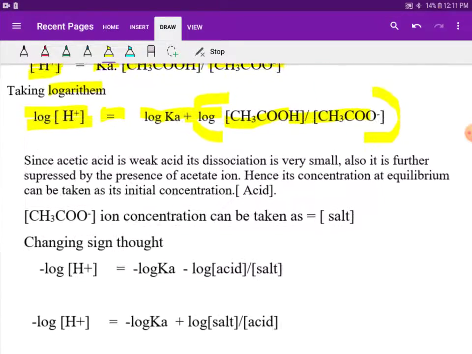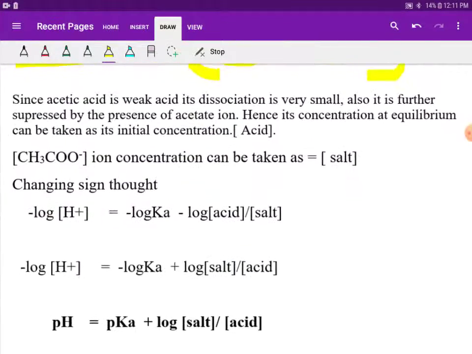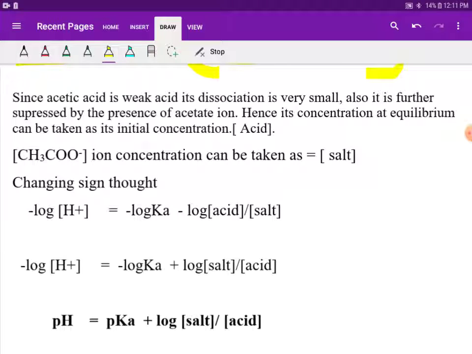Next, as you know, acetic acid is a weak acid. Its dissociation is very small. Also, it is further suppressed by the presence of the acetate ion.